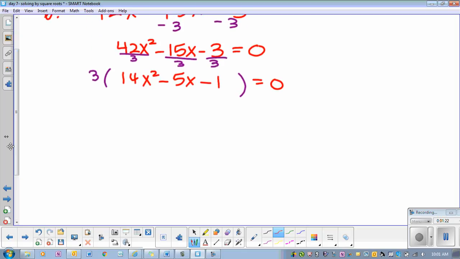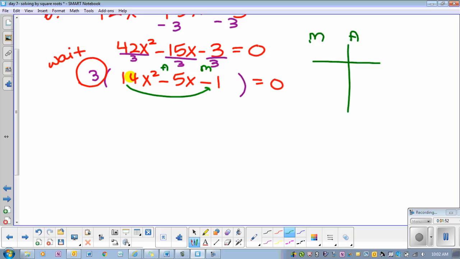So now, remember, this GCF is just going to wait. Now look inside the parentheses. I have a 14 in front of the x squared. Bring the 14 down. You remember we first have to do AC because it's the trinomial. You got to swing it over. So what is 14 times negative 1?